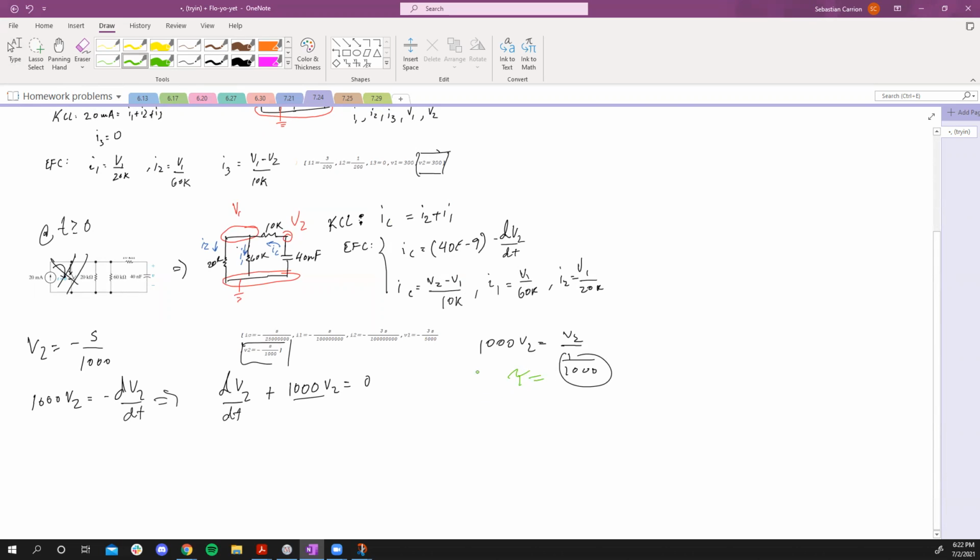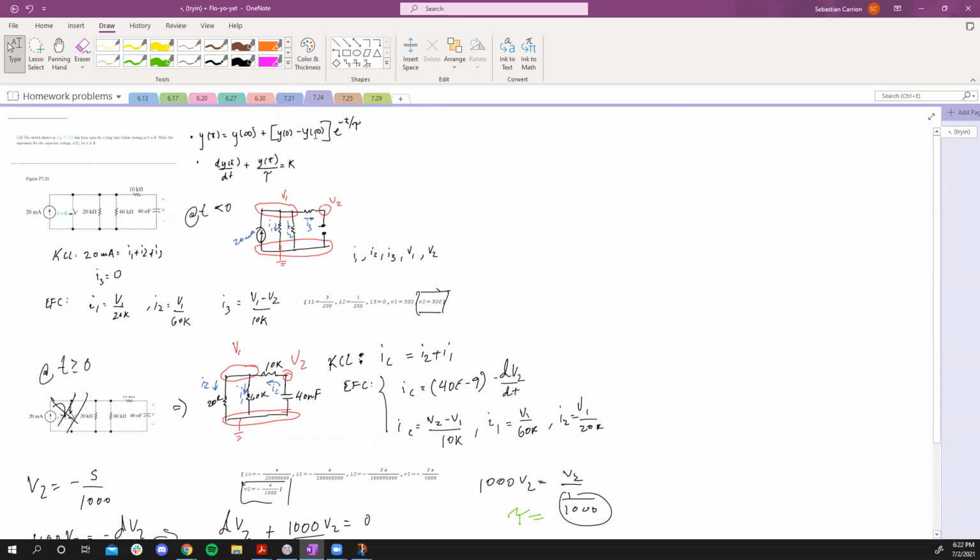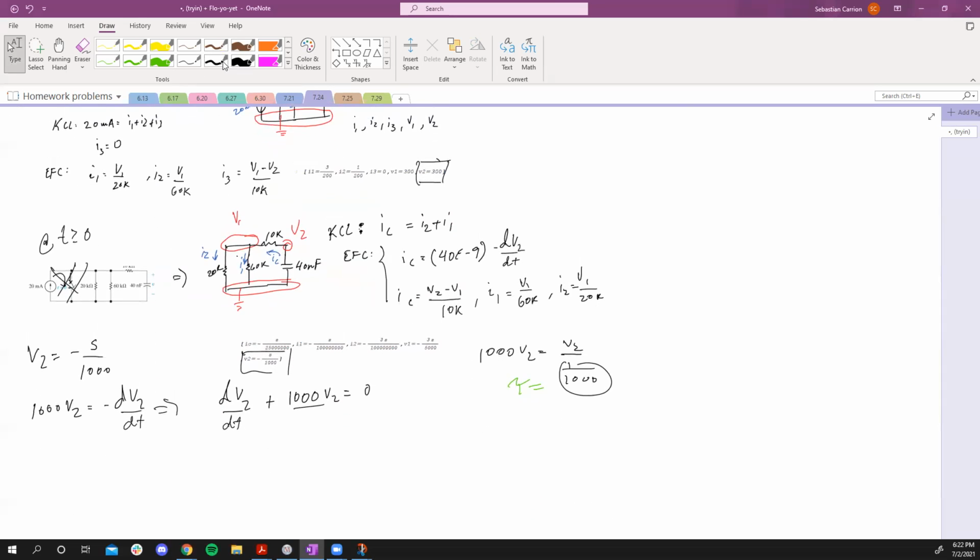So now we want to look at our equation here. We know that V(t), at time infinity, our capacitor is going to discharge, so it's going to have 0 volts.